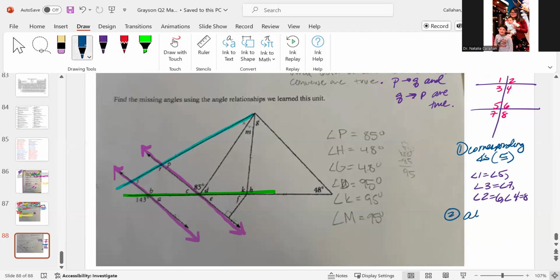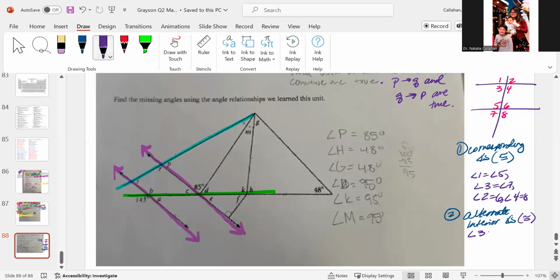Number 2, alternate interior angles. Which angles will those be? Those are congruent as well, they're equal. So alternate interior. Angle 3 is on the inside. You see that? Which one is equal to that angle, you think?